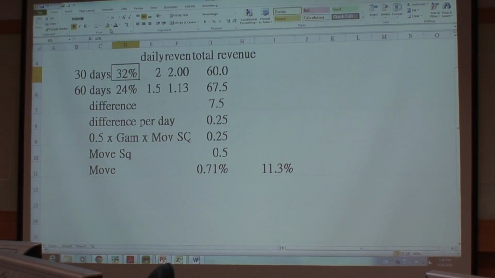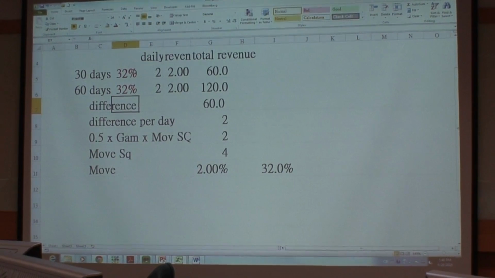So here you see the front month, the first 30 days are vol 32, the next 30 days are vol 24. That means that because of that difference, that second set of 30 days must have a really low volatility. If I would put in the same volatility, both options, 30 days and 60 days, both of them have volatility 32, then logically, that is also what I expect for that second set of 30 days.